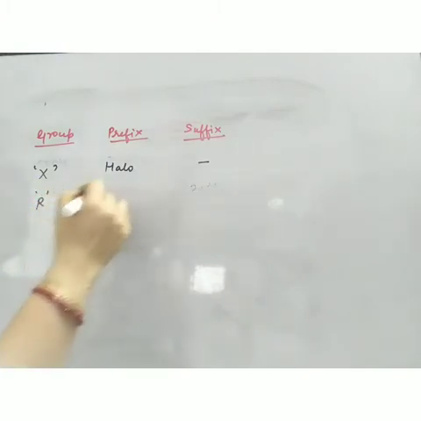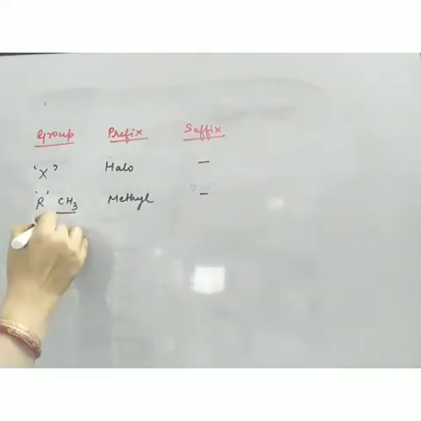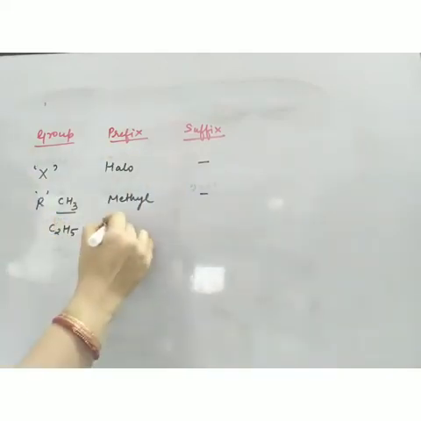Now the list is not complete. We have some other groups also. For example, if halogen is there, then it is never given a suffix, it is always given a prefix, that is halo. Then the R group. Suppose CH3 is there, it is always given the prefix methyl, no suffix. Suppose C2H5 is there, we use ethyl, no suffix.